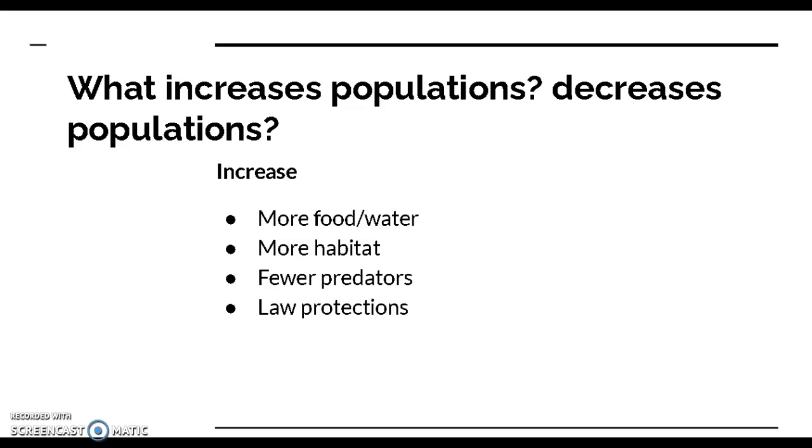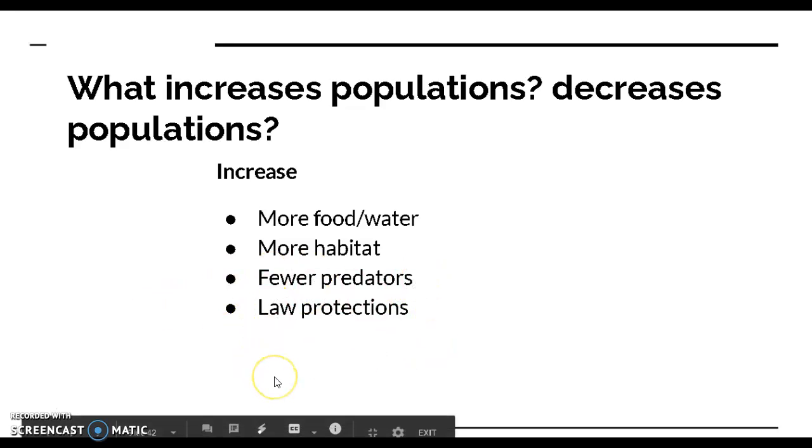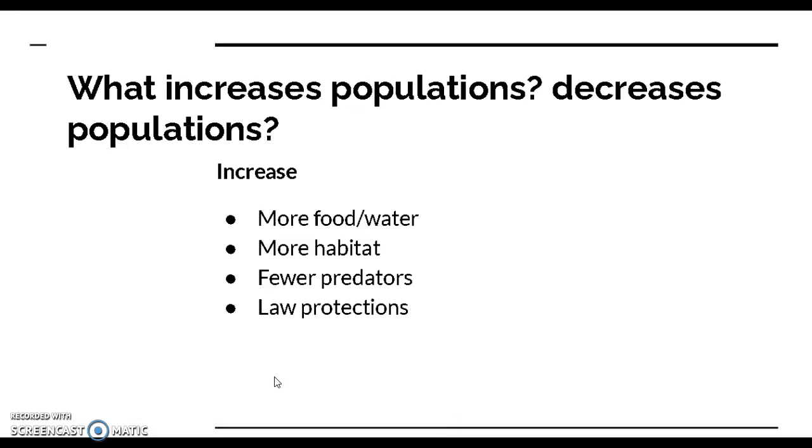Fewer predators means that there are fewer animals dying, and so more live longer and can have more babies to increase the birth rate. And then humans also create laws protecting animals and plants that's going to help them increase their birth rate.